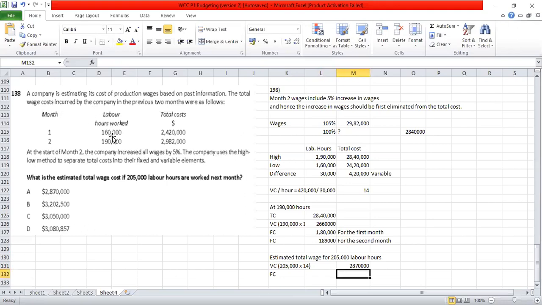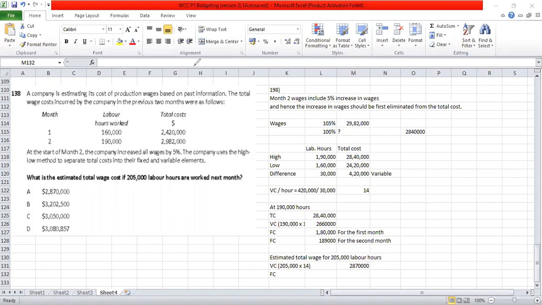Because in the second month, the labor hours reach 190,000, and 205,000 is above 190,000. So from 190,000 labor hours onwards, the fixed cost is 189,000.